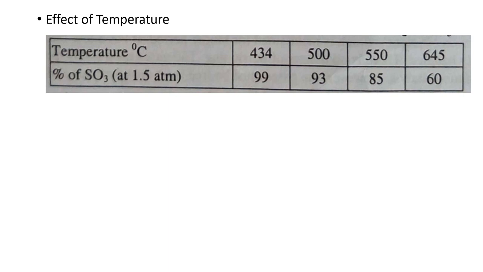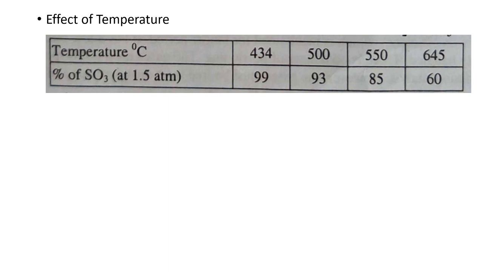So you have to reduce the temperature, but if you carry out the reaction at lower temperature, the yield may increase, but the reaction, as it is reversible, does not achieve the equilibrium very fast. So here the reaction can be carried out at lower temperature, and equilibrium can be achieved very fast by using a catalyst. And the reaction is carried out at two different temperatures, that is 550 degrees Celsius and 450 degrees Celsius.